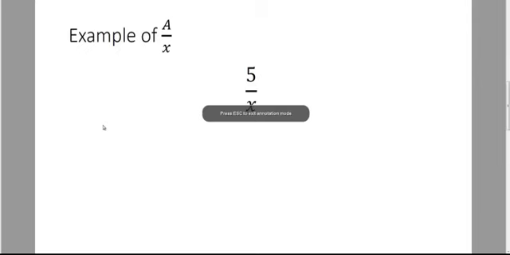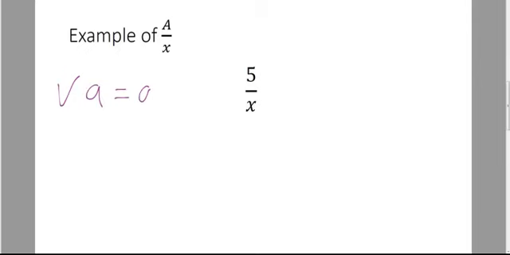Looking at 5 over x, our vertical asymptote will be at 0, because 5 will never equal 0, and we know x cannot equal 0. We will also have our horizontal asymptote, as we talked about, at 0, and our limit is going to 0.